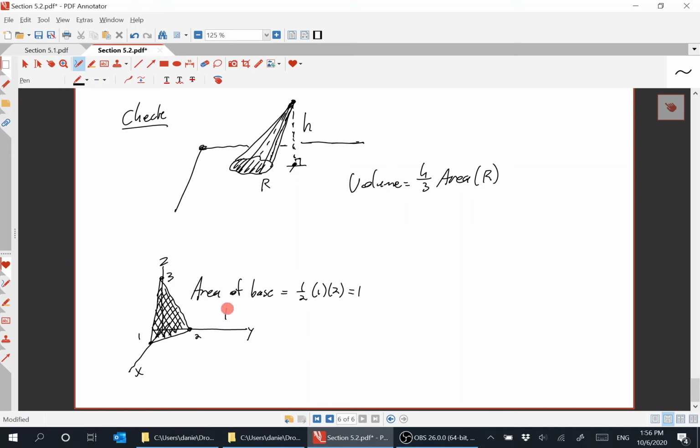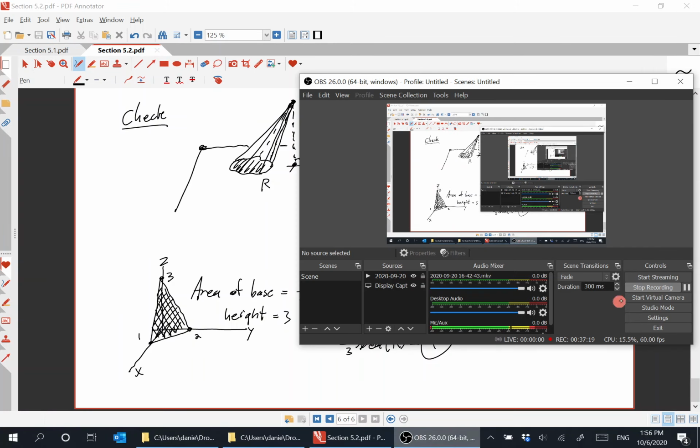And then the height is 3. Right? So H over 3 times the area of the base is 1. So that's a nice check on that calculation there. Okay, so that's the end of the lecture on this section.